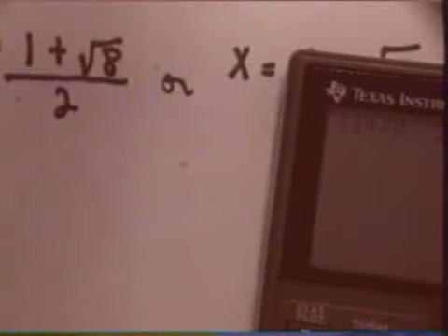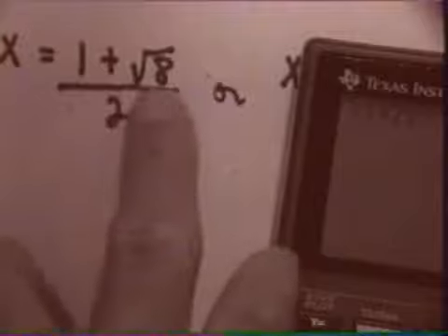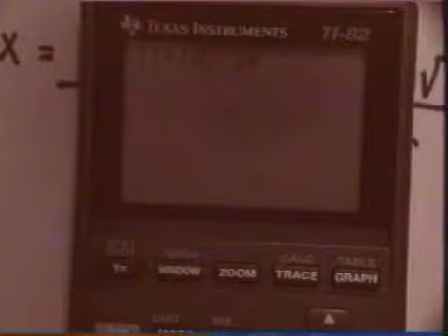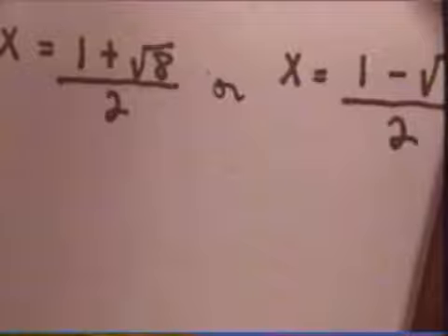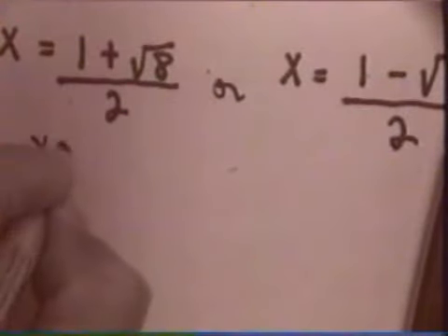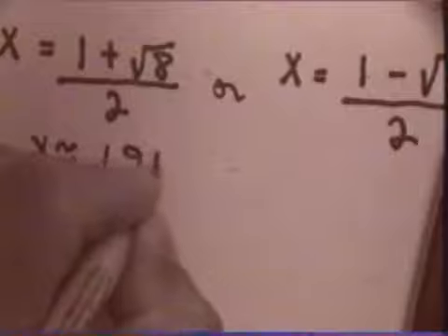I can put parentheses 1 plus the square root of 8 close parentheses divided by 2. 1 plus the square root of 8 divided by 2, and hit enter. Now I get 1.91. So we get that x is approximately 1.91.